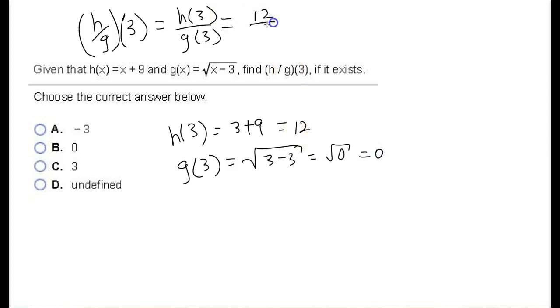So if we do 12 divided by 0, we notice that we can't have 0 in the denominator, so anything divided by 0 is undefined. So that ends up being our answer for that.